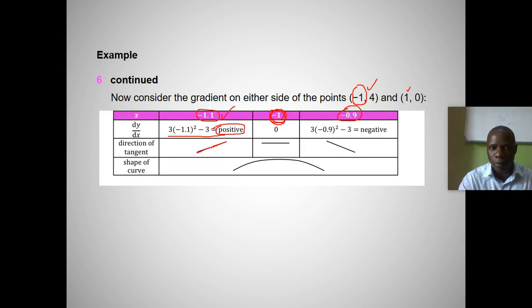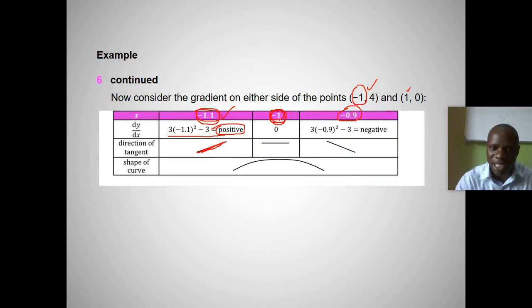Therefore, it is going upwards. If you square negative 1.1, it will be 1.21 times 3, about 3.6, minus 3, it will be about 0.6. So it is positive. Therefore, it is a climb on the hill.